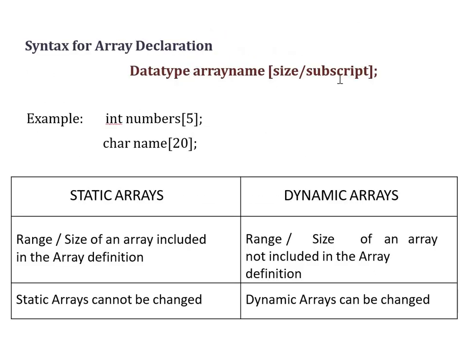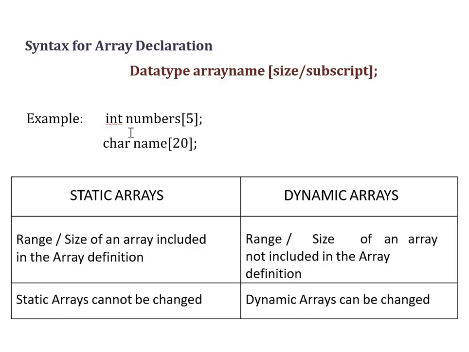So this is a simple syntax for declaring the array. You have the data type, name of the array. This array name follows all the rules similar to the variable name, which was already discussed in our previous videos. You could refer to the playlist here. And within the square bracket, you have size, or we also call it subscript, which is telling the number of elements in the array.